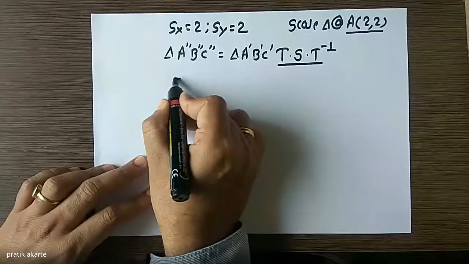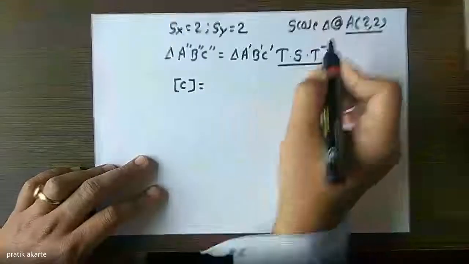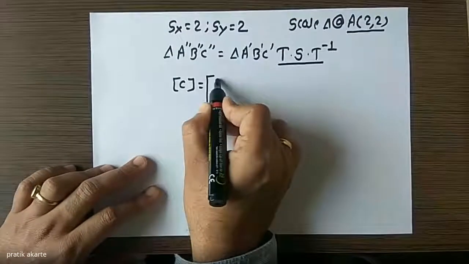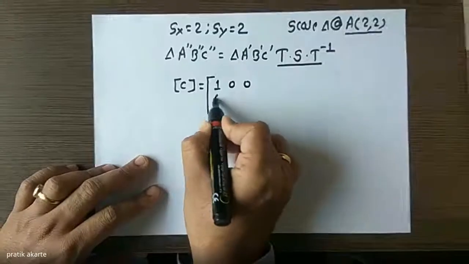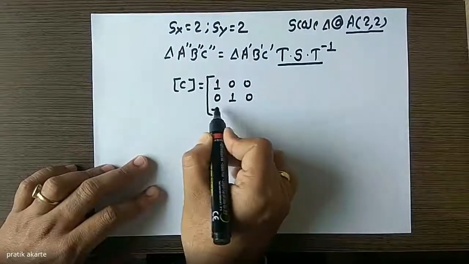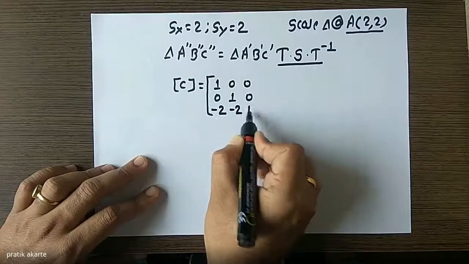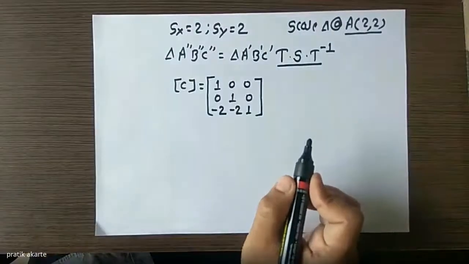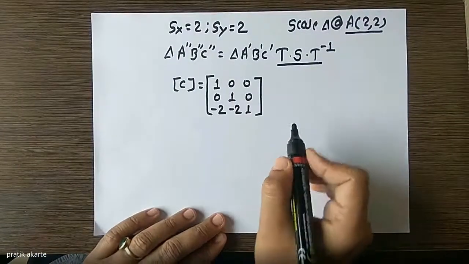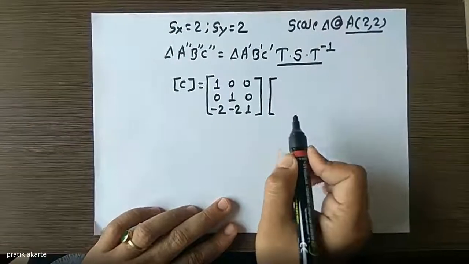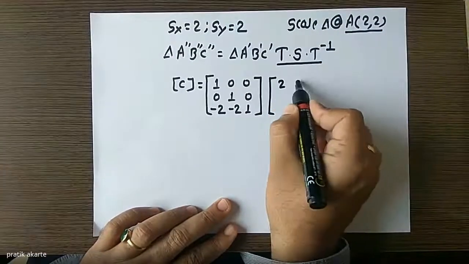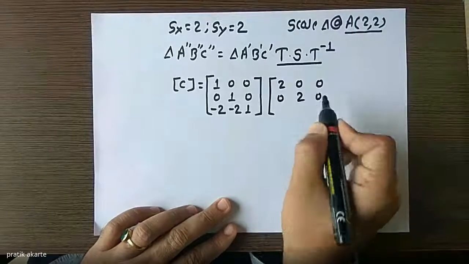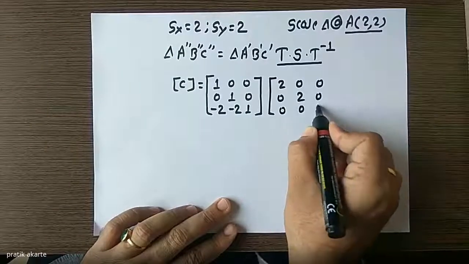So we write a concatenated transformation matrix for scaling as translation 1 0 0, 0 1 0, -2, -2 and 1, so that this A point is translated to origin. Then we scale it 2 0 0, 0 2 0, 0 0 1.